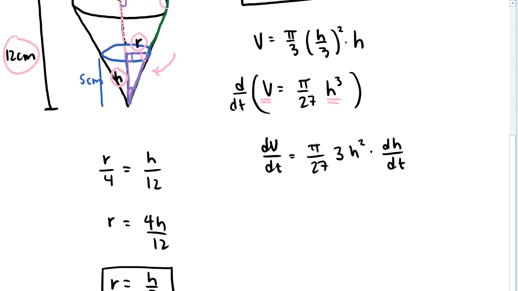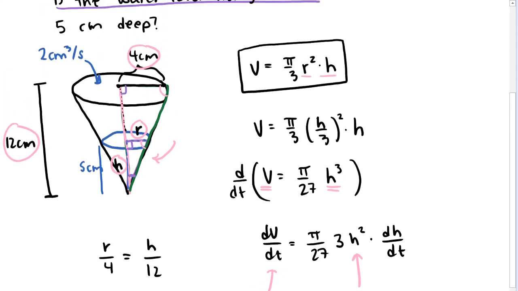And so here, now we have a new formula we can use, and we have some pieces of information for. We know the rate of change of the volume with respect to time, right? The water is getting poured in at a rate of 2 centimeters cubed per second, so this is just 2. We have the height of this cone.